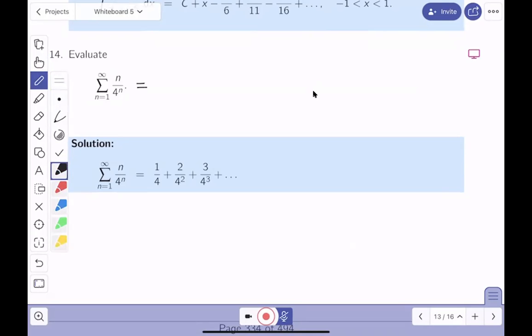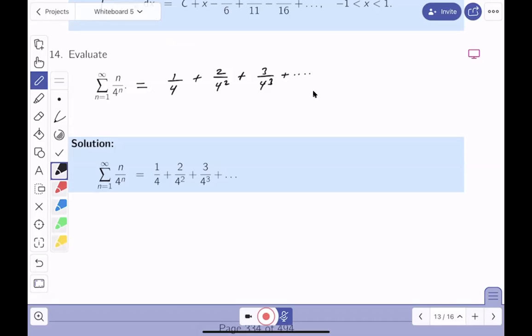That's 1 over 4 plus 2 over 4 squared plus 3 over 4 cubed plus yada, yada, yada. Now, I got to be honest with you. Without having all the problems that just came before, I think I might struggle with this guy, but I'm thinking this might have something to do with the geometric series.